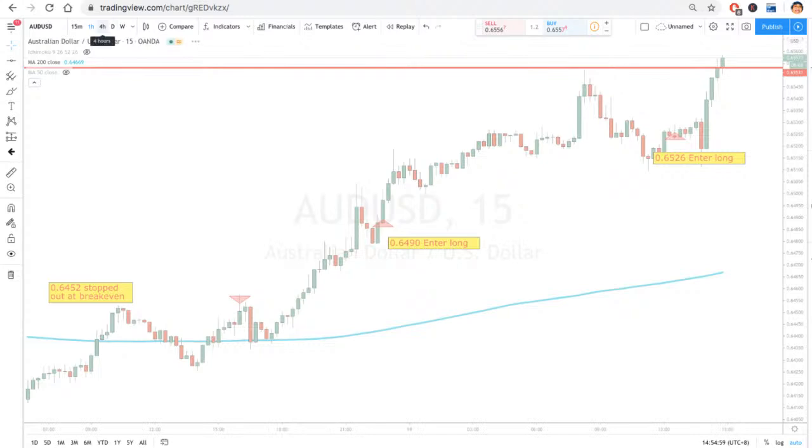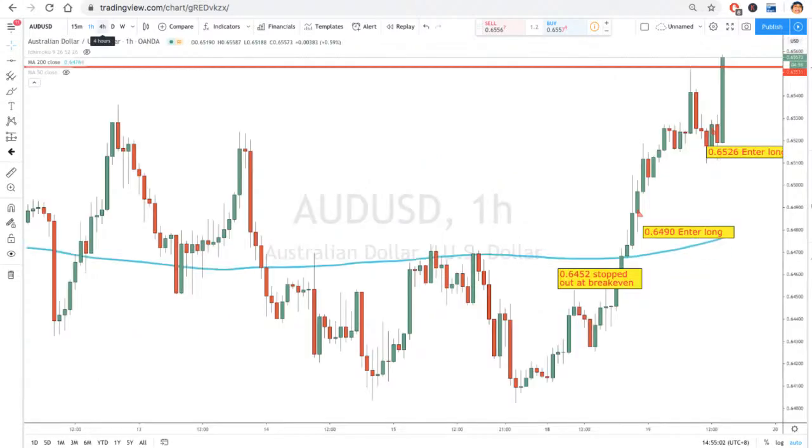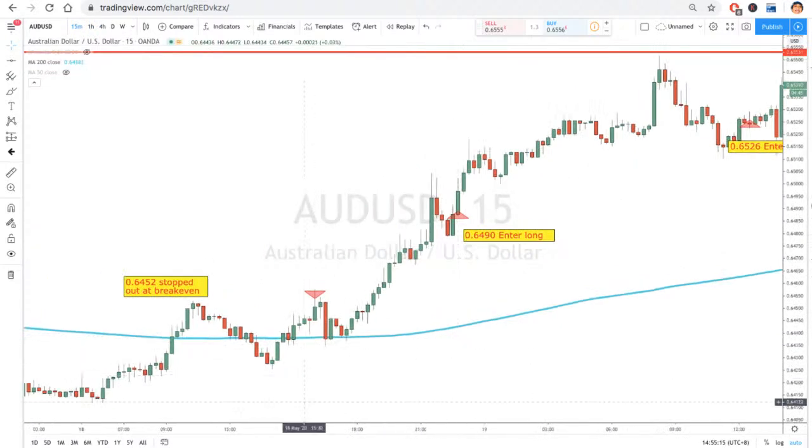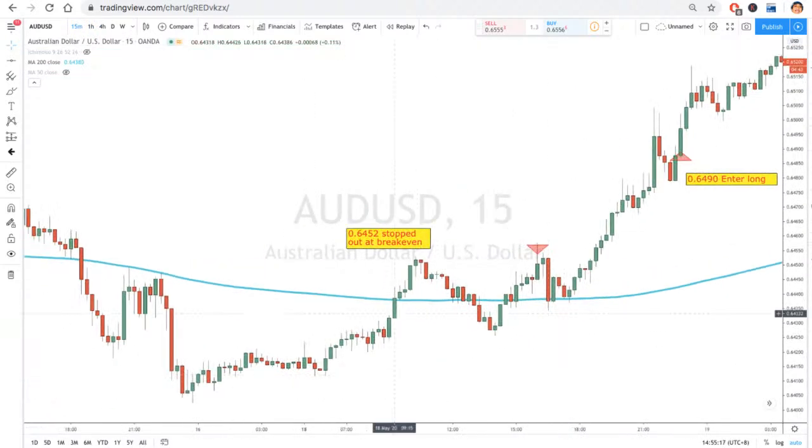If you joined me yesterday for our live stream, you will have known that I took this trade yesterday during London opening at 9 a.m. London time. Let's see what happened to this trade. Before I went offline, I took the trade here.